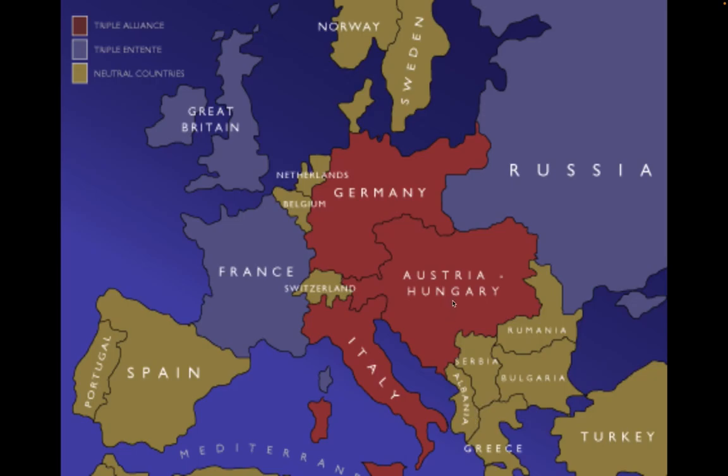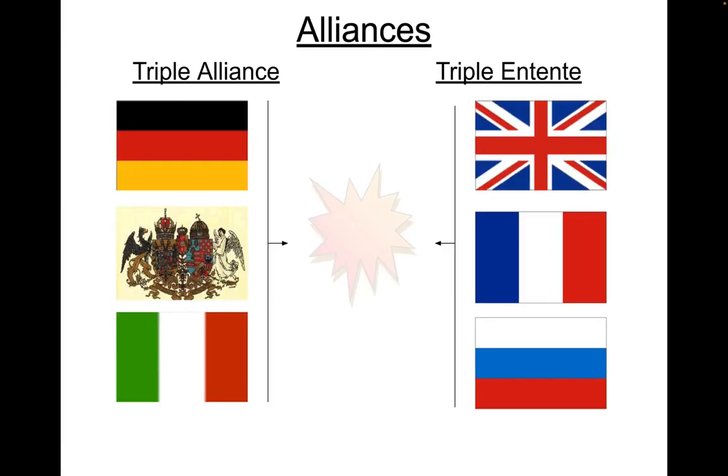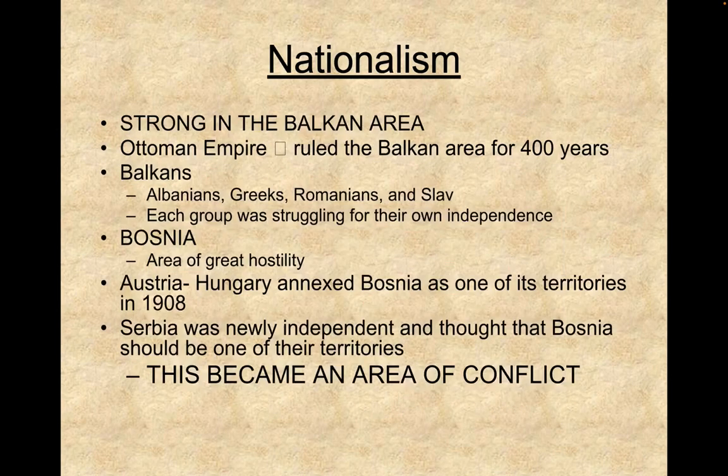But we have the Austro-Hungarian Empire, which has spread and is trying to spread even further its borders, and the people in these countries aren't liking that. So we go back to this: the Ottoman Empire ruled the Balkan area for 400 years. Again, the Balkans include the Albanians, Greeks, Romans, and the Slavs. Each group was struggling for their own independence.